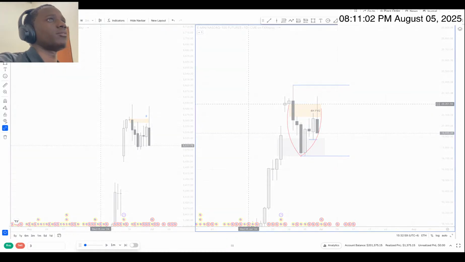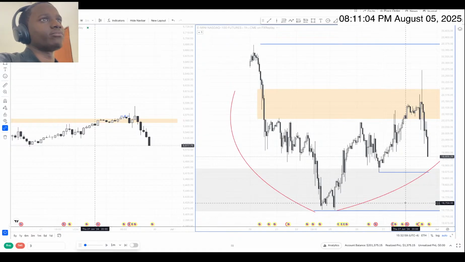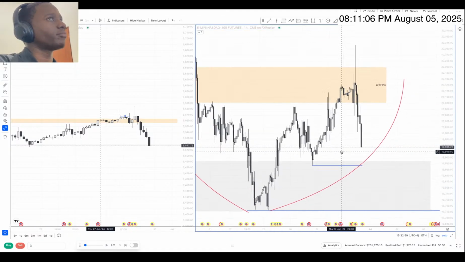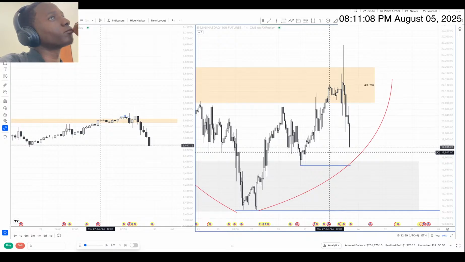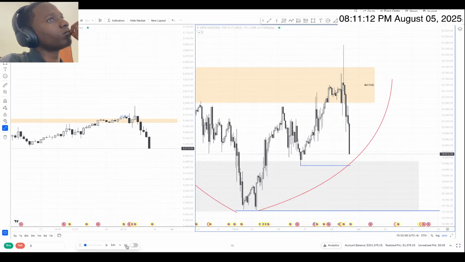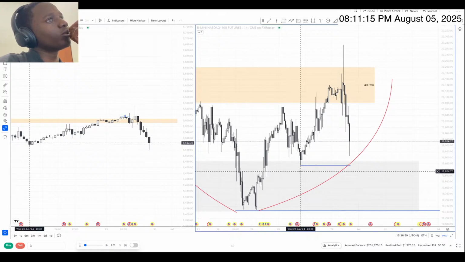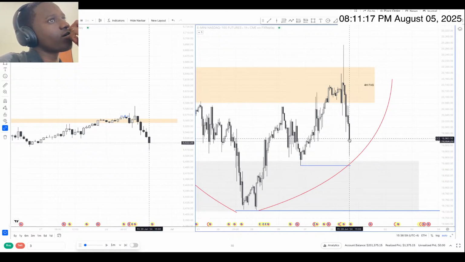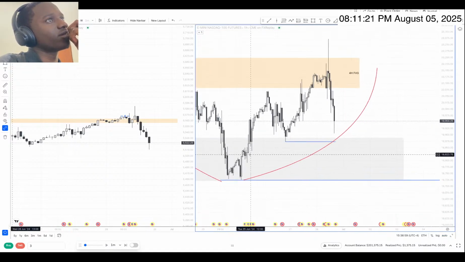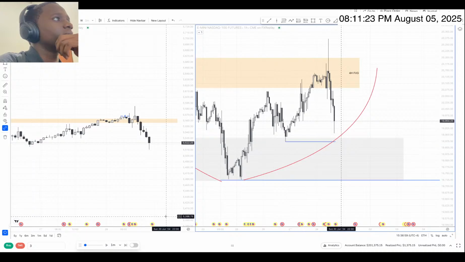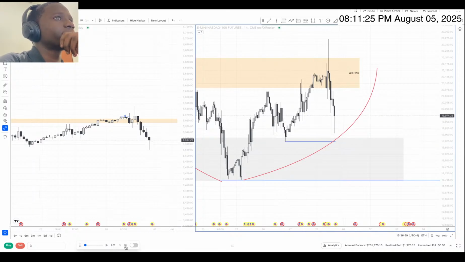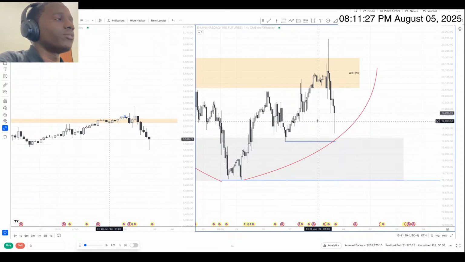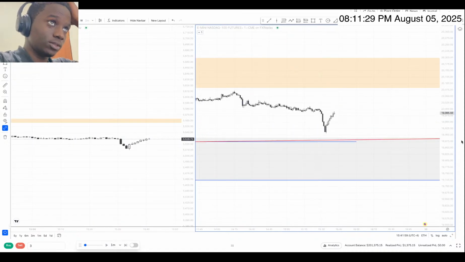Now on the 1 hour, to have this low from Friday. Crazy. So yeah, this is a low from Wednesday, and ES just took it out.